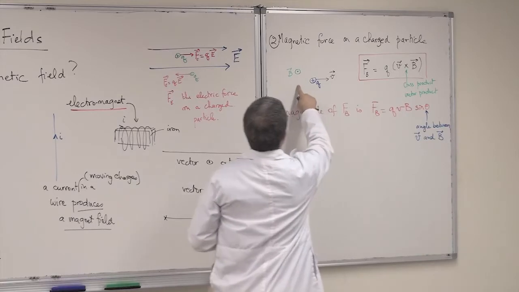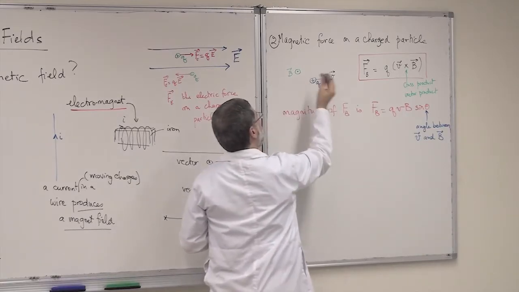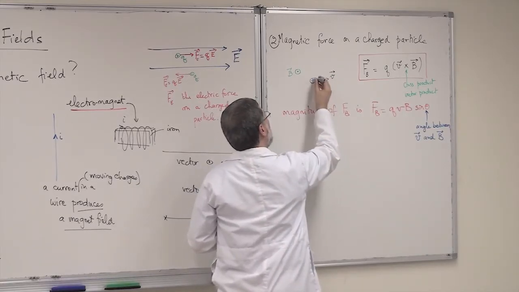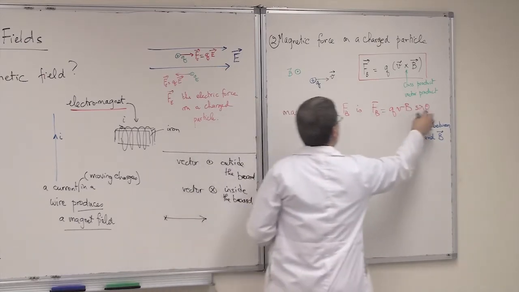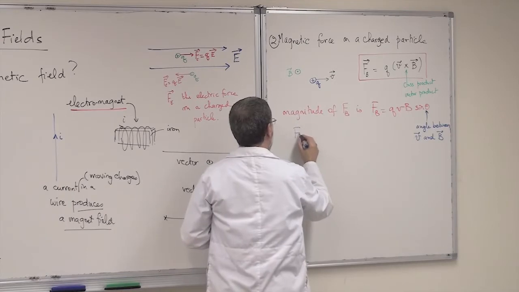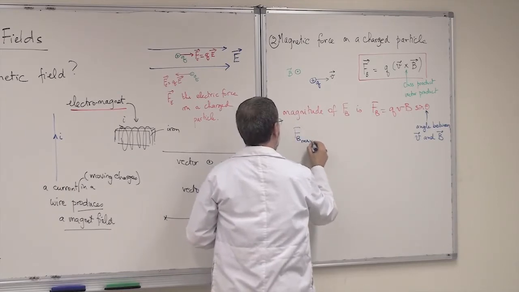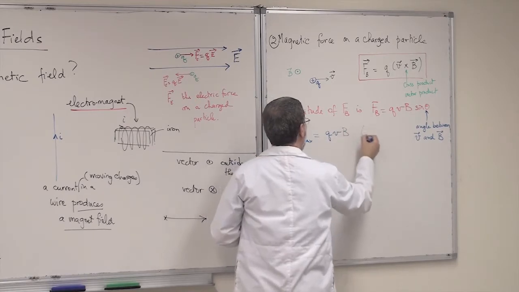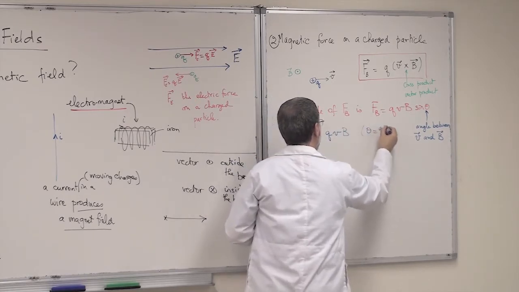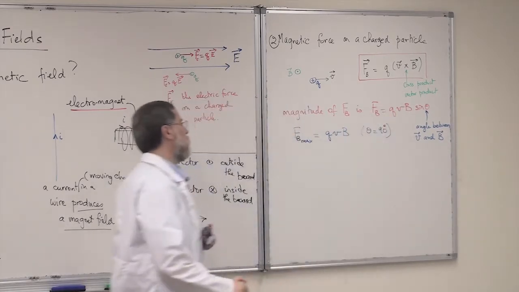In this figure here, B is outside the board and v to the right means the angle is 90 degrees. You get maximum force when sine 90 is 1, okay? So F_B is maximum when the angle theta is 90 degrees, okay? Remember, sine 90 will give you 1.